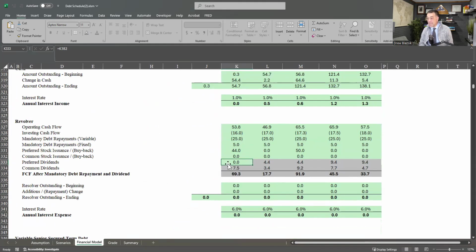Well, that's a negative, right? That's a negative. So I got to make sure I put a negative. That's one thing I forgot. Perfect way to make sure we teach that. What we're looking at here for the revolver, I'm looking at is it positive or negative, because I'm summing all those values up. And just remember, dividends is always a negative.